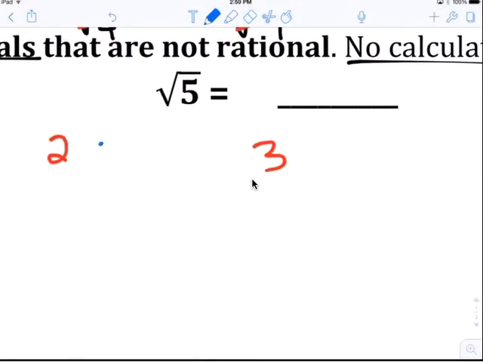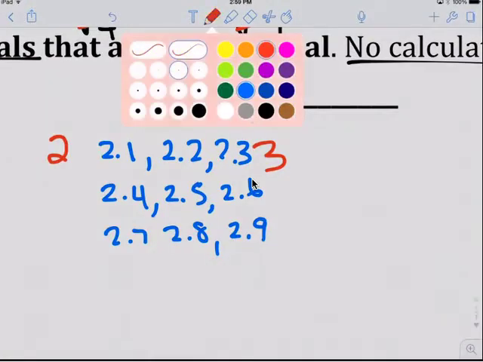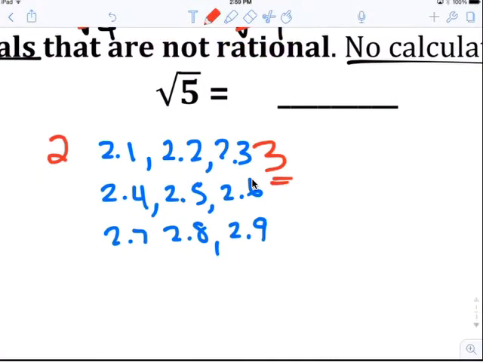That means it could be 2.1, 2.2, 2.3, 2.4, 2.5, 2.6, 2.7, 2.8, and 2.9. The next number is our number 3 after 2.9.